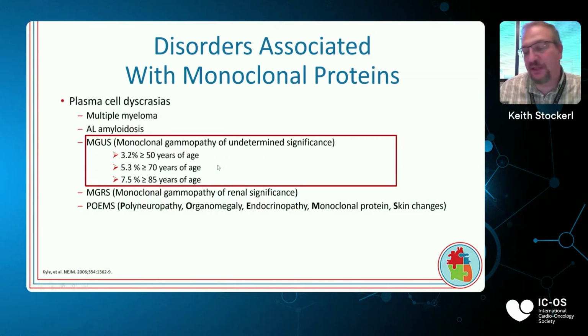And I think this is important when you hear from Dr. Zor about the fact that just finding a paraprotein doesn't necessarily mean a patient has AL. In the age group that often gets TTR amyloid, statistically a few percent of those patients will have a detectable protein.